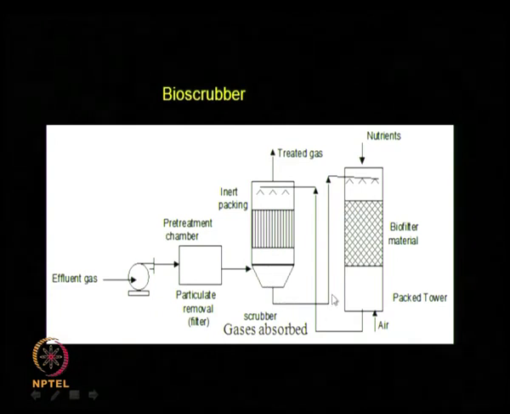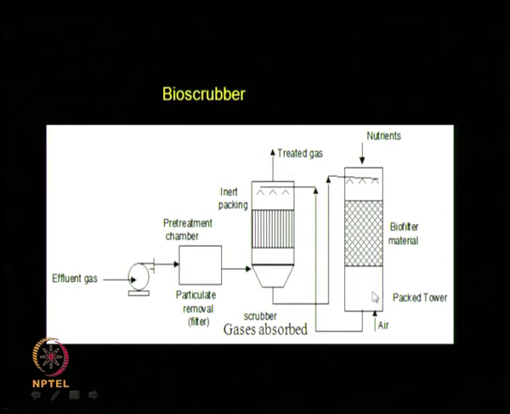Now this liquid which contains the gas that needs to be degraded flows through your biofilter, you also add nutrients. So the solid material is the place where the microorganism is growing. When it comes in contact with this liquid effluent, it degrades the unwanted material.